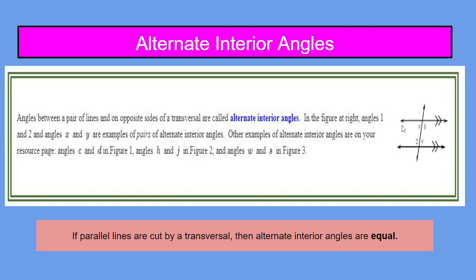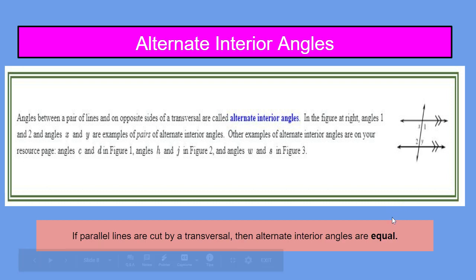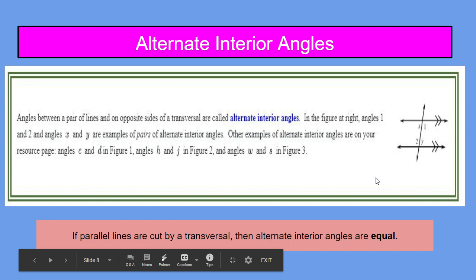Interior means we're inside the parallel lines. Exterior means we're outside of the parallel lines. So that would be if I had an angle measured right here, the alternate exterior angle is up over here. And just like alternate interior angles being equal, alternate exterior angles are equal as well. That's just another special relationship that we can see.